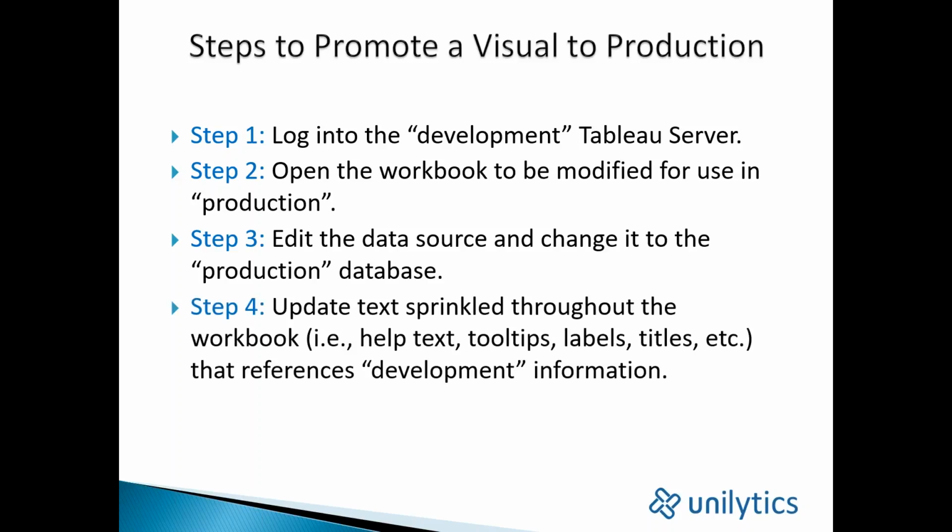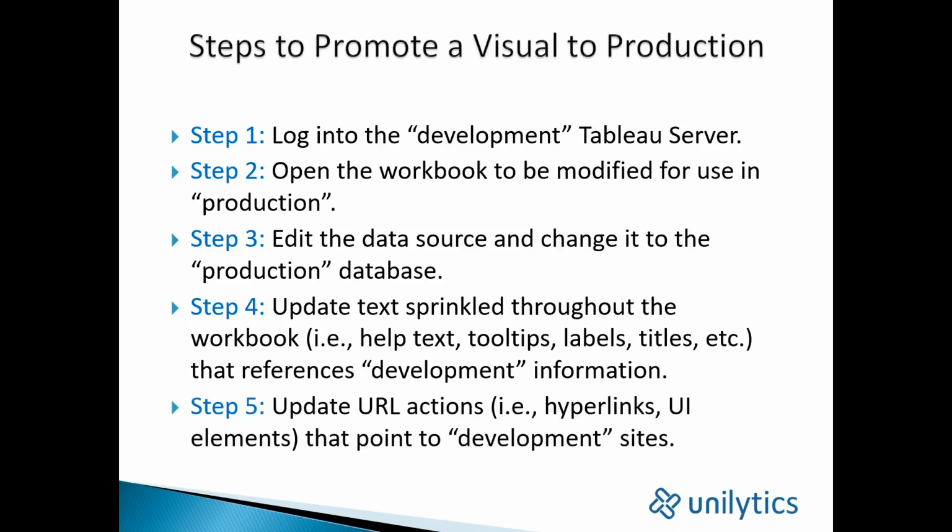You then need to go through your workbook and all the places where you have text that you've typed in, and update that. That is, again, things like help text, tooltips, labels, titles, all of that. Anything that references development environment information has to be updated. Update your URL actions. These are things like hyperlinks within the workbook, URL actions on your dashboards.